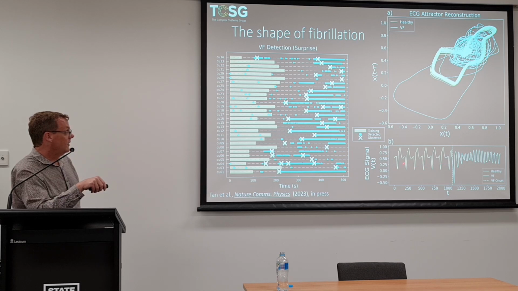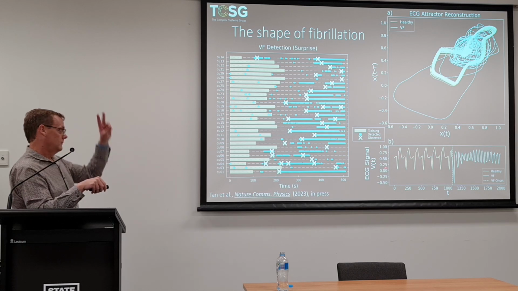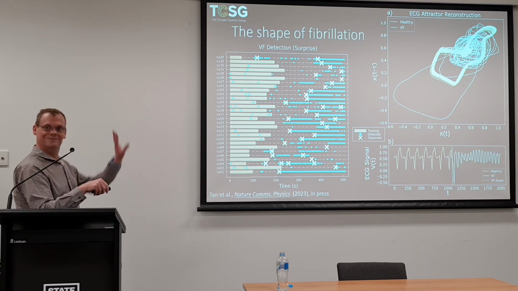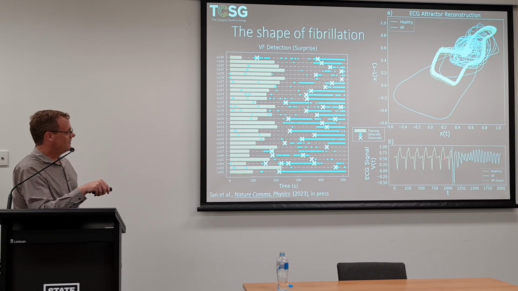Now, there's a lot going on under the hood here, and just to show you, this is what the normal heartbeat looks like, at least, well, it's not that normal actually. I mean, most of you got Apple Watches or something nowadays, and hopefully your regular ECG doesn't look quite like that, but that's the normal part, and that's fibrillation. But what we're interested in detecting is when this one starts to behave like that.